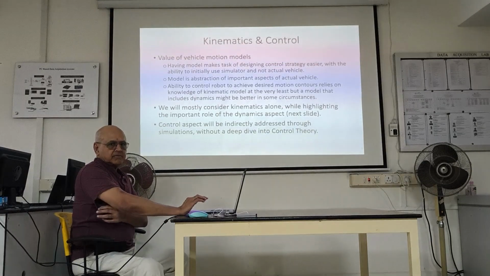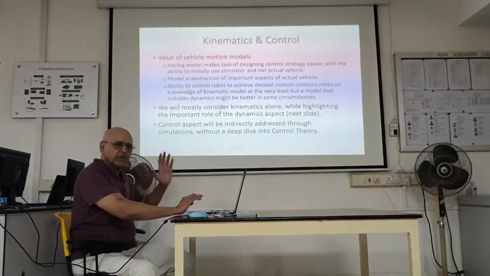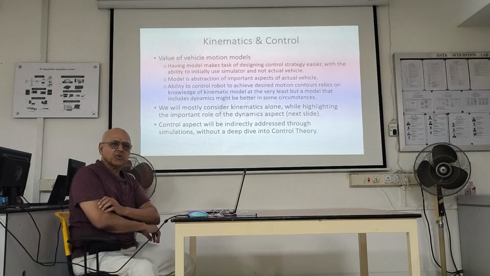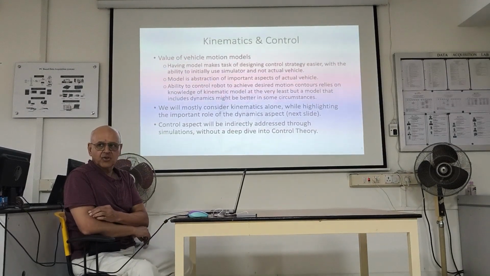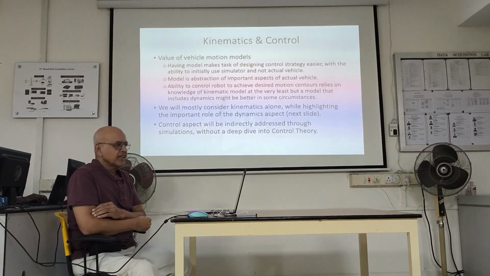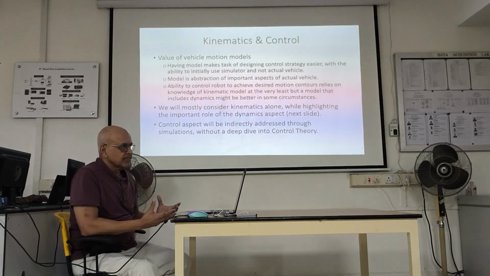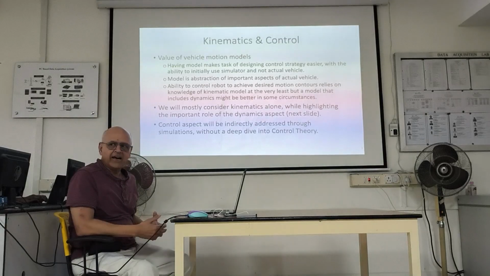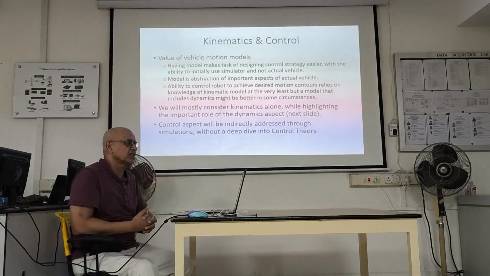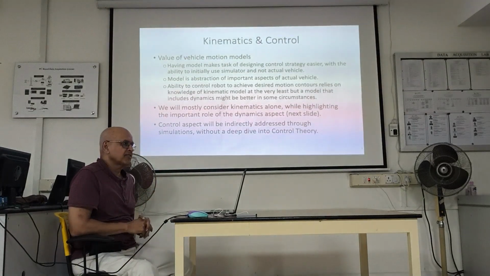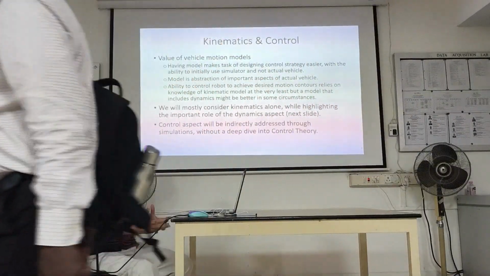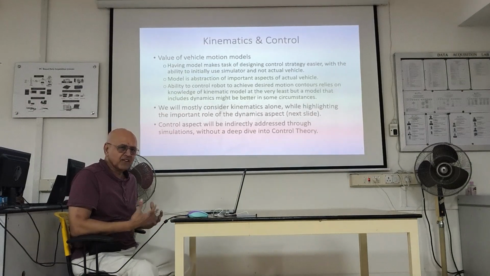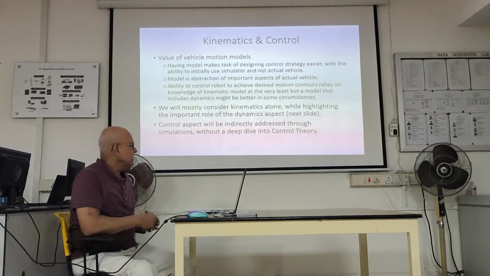It's never the practice anymore, maybe it was in the 50s and 60s, to do any engineering design without going through a simulator. Because it saves you a lot of time and effort if you run ideas in a simulator, eliminate ideas that are bad, and then you finally have like 2 or 3 ideas you want to test out in a real life situation. So basically, that's why you have motion models, software models for the robot.